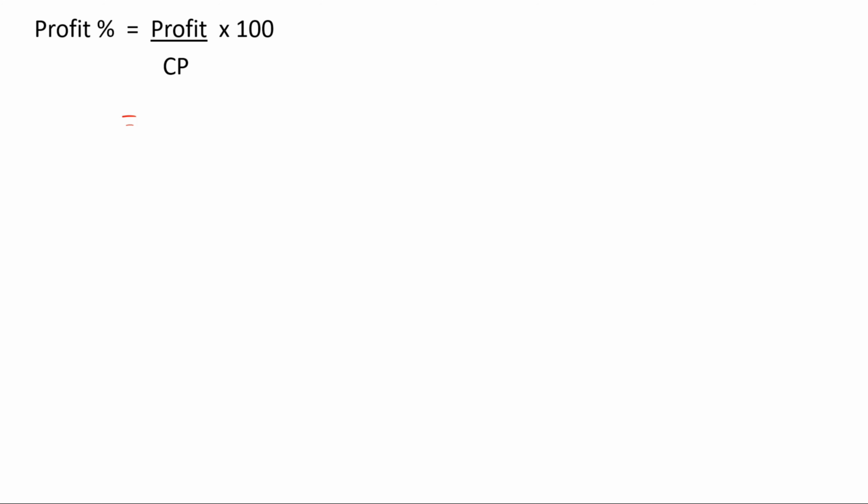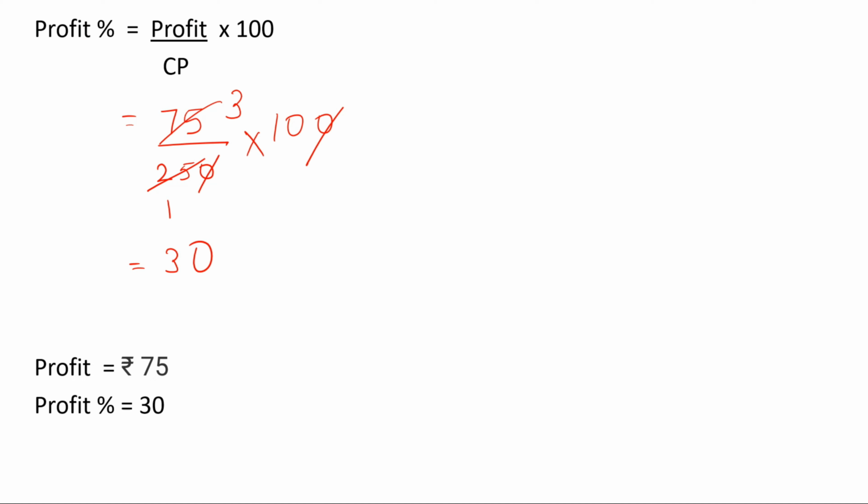So profit is 75 and the CP was given as 250 multiplied by 100. Cancels out. 25 ones are 25, 25 threes are 75 and that equals 30. So the profit is rupees 75 and the profit percent is 30.